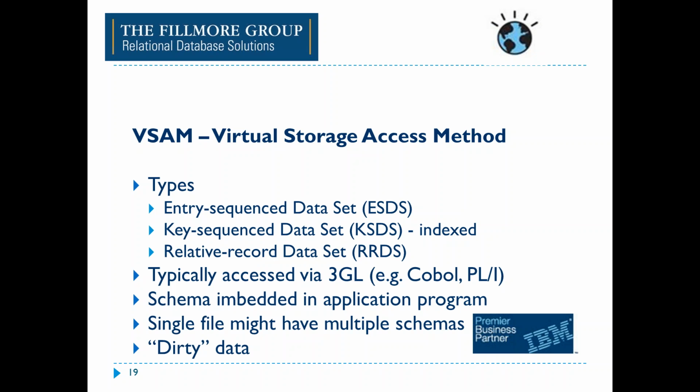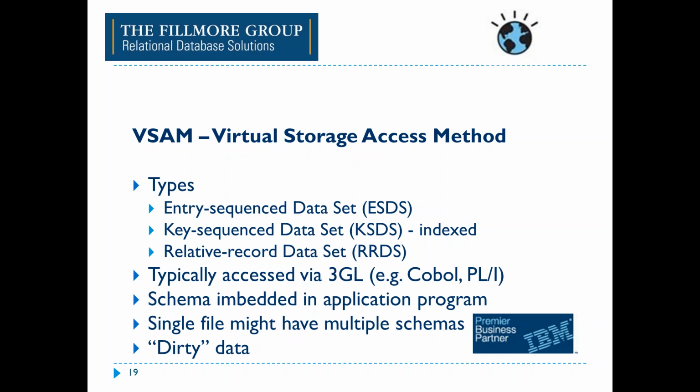So I would need to read the file and know by some indicator embedded in the file: this is a record type H for PO header, this is a record type I for purchase order line item. So it makes it much more difficult to extract data, and that's why I have down here the designation of dirty data. The other is that the data conventions are weakly enforced.